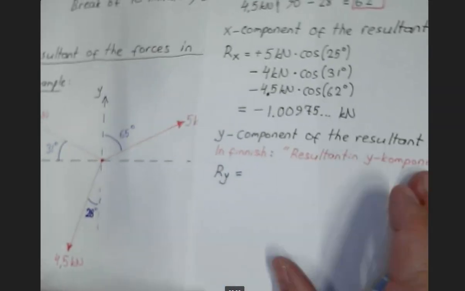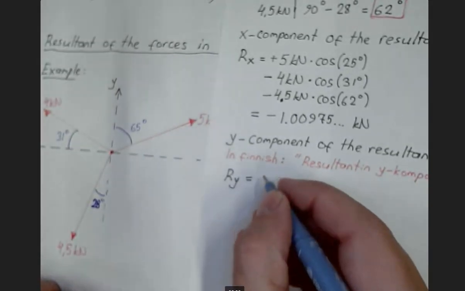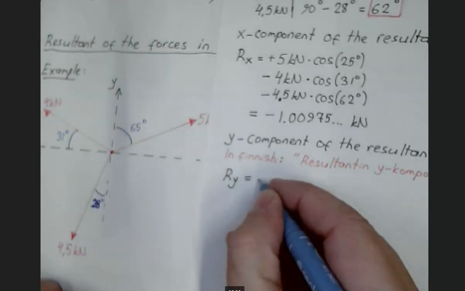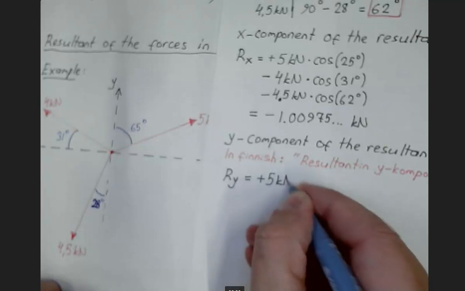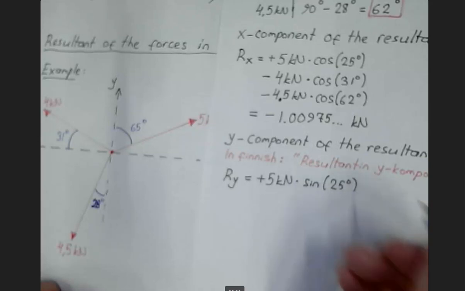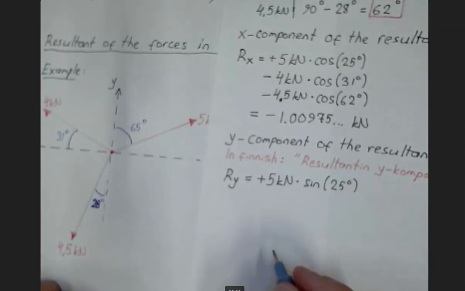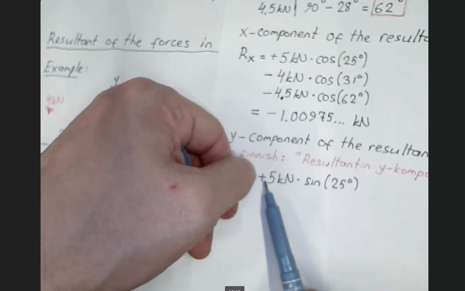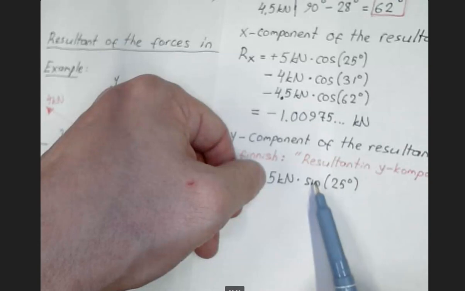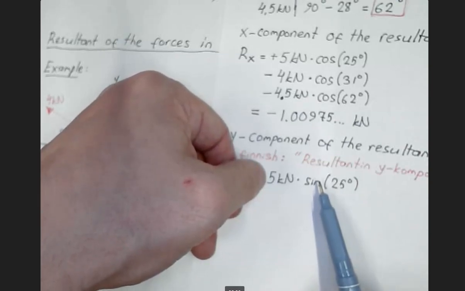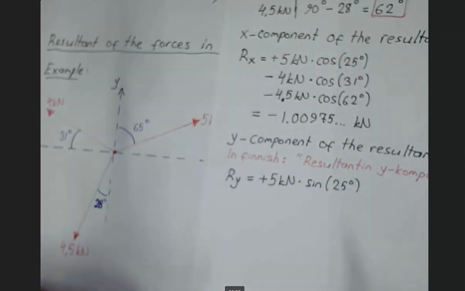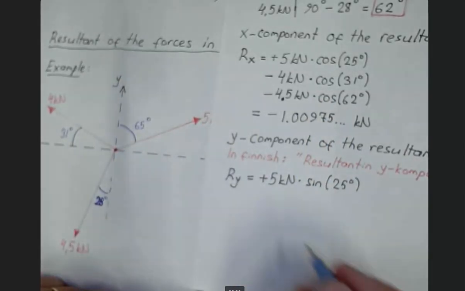So now this 5 kilonewtons goes upwards, so it will have a plus sign: 5 kilonewtons times sine 25 degrees. Only the sign we need to check, but this part is exactly the same, with the difference that we change cosine to sine. And then we have this 4 kilonewtons.